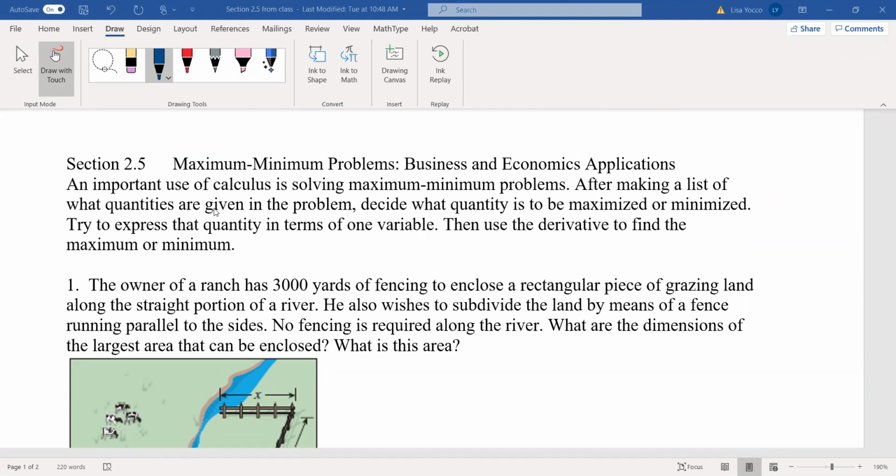Typically, the first thing, after you read the problem, is to decide what needs to be maximized or minimized, and then try to express that quantity in terms of one variable. You'll see what I'm talking about in a minute. And then we use the derivative to find the max or min, all right?